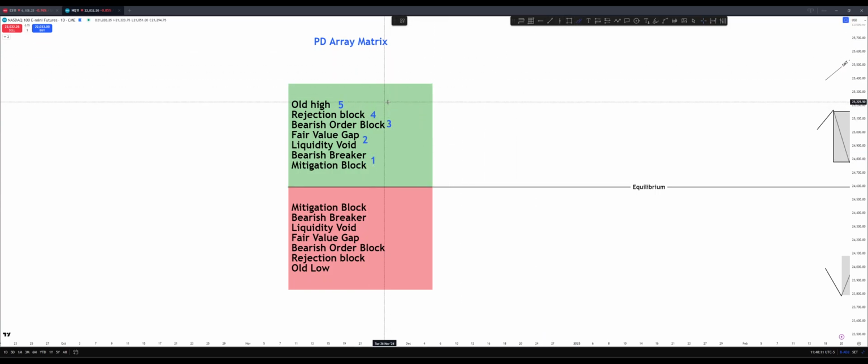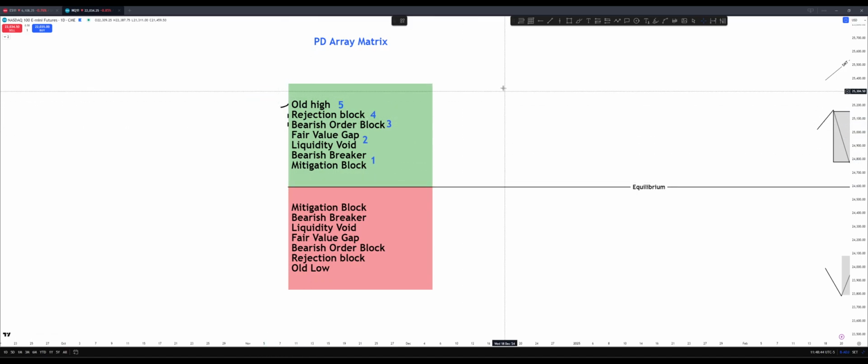So why using the rejection block is my least favorite PD array is because, look at the number, it's 4. In order for price to go this high, it needs to go through 1, 2, 3, right? It needs to go through 1, 2, 3, 4, 5. But we're counting these two as 1 and these two as 1. This is 1, this is 1, and this is 1.